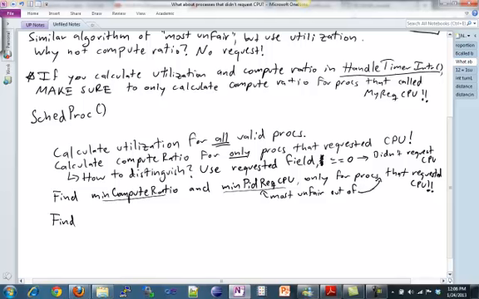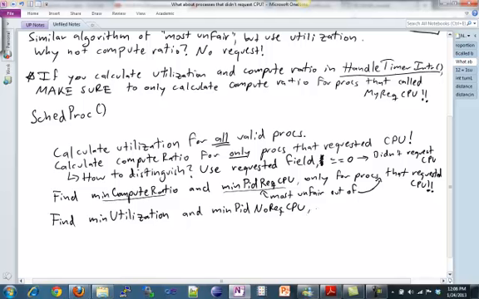Cool. Now, I want to find my minimum utilization and the PID that goes along with that, and I'm going to call that minimum PID that did not request CPU, so no request CPU, okay?